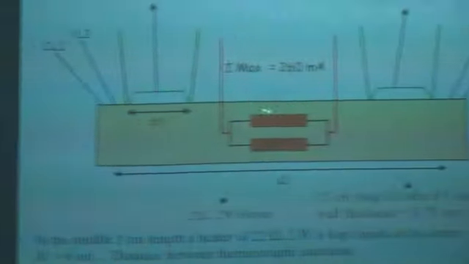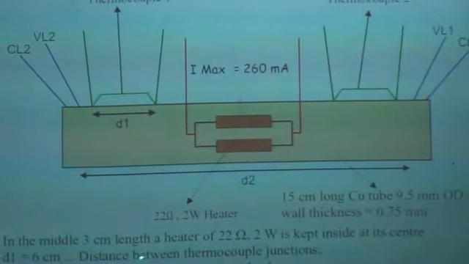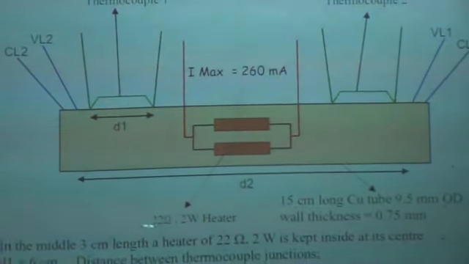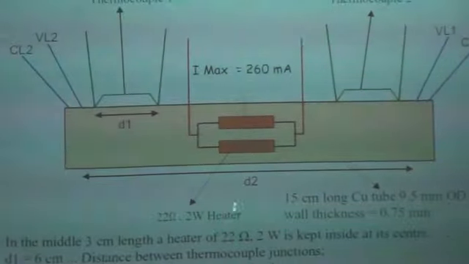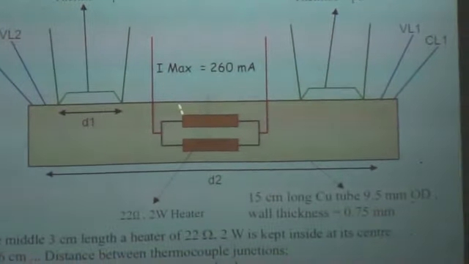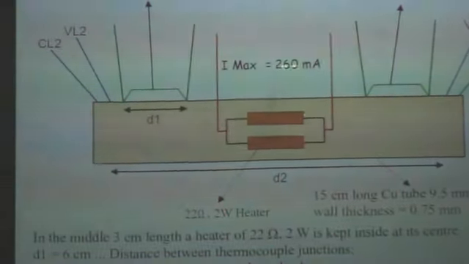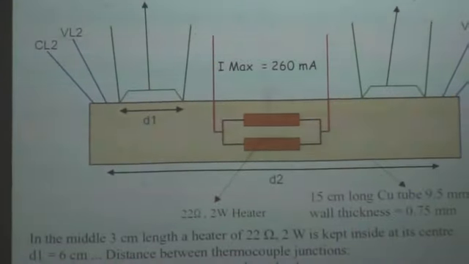So we have a copper tube in the middle over 3 cm. We have a heater. Heater is nothing but a 22 ohm resistor carrying 2 watt power. The maximum current that we can pass through this heater is 260 milliampere.